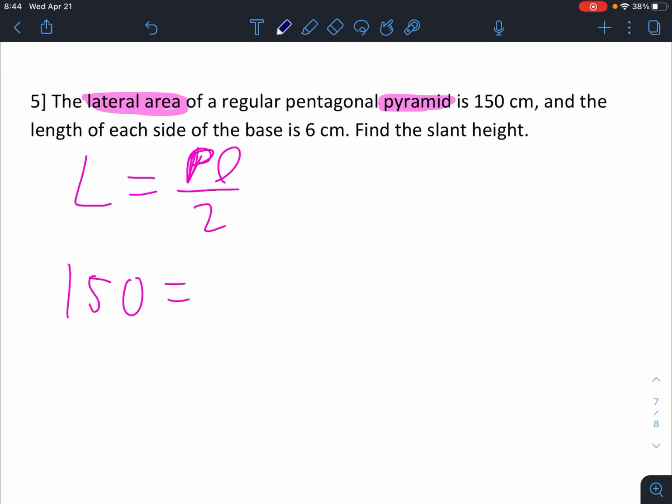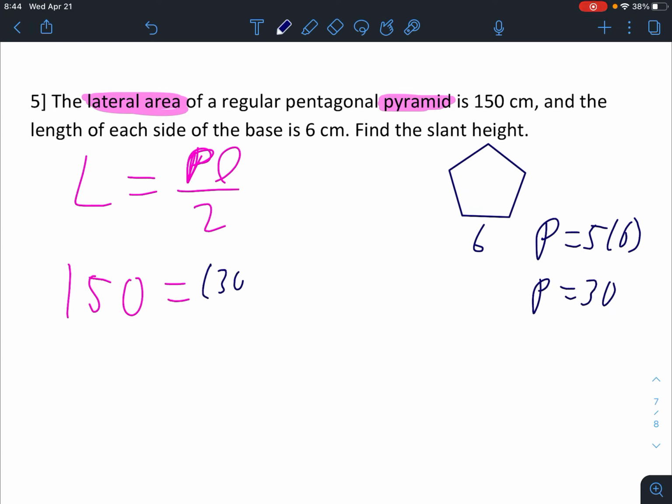Okay, well, side is not in our formula here, but we know a pentagon has 5 sides, right? That's a terrible pentagon. That's a hexagon. One more try here. There we go. Each side is 6. There's 5 sides. So that means that the perimeter must be 5 times 6, or 30.